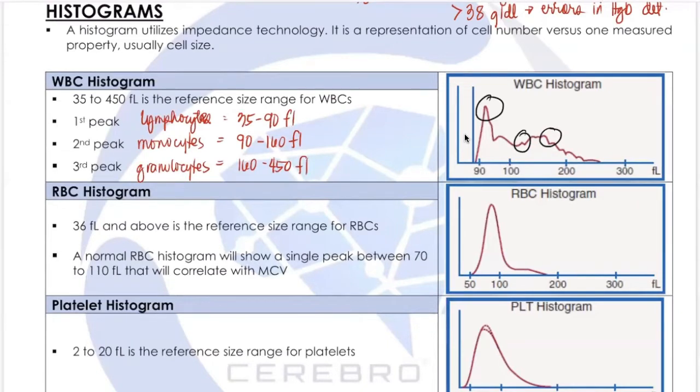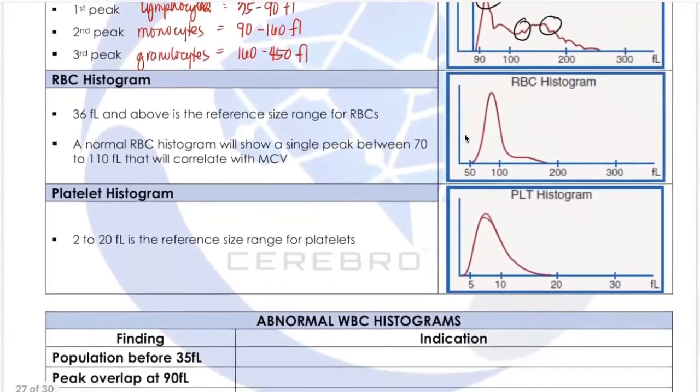Now for our RBC histogram, so this is 36 femtoliters and above is the reference size range for our red blood cell. Remember this cannot be confused with white blood cells because our red blood cells are counted in a different aperture.